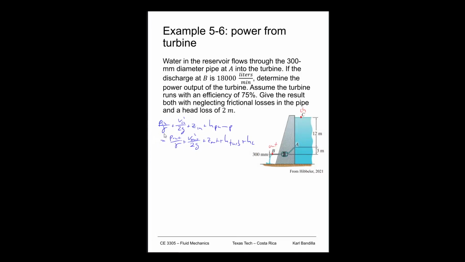So let's look at our different values here, right? So we can say we look at pressures. If we look at C at the surface here, that's going to be 0 because it's at the atmosphere. B is also in contact with the atmosphere, so both are 0. So we can say both points C and B are in contact with the atmosphere.